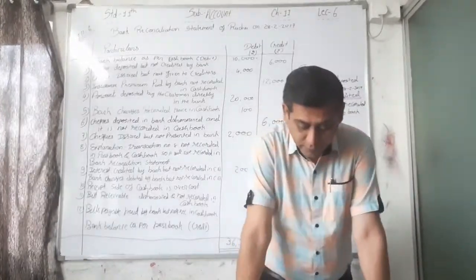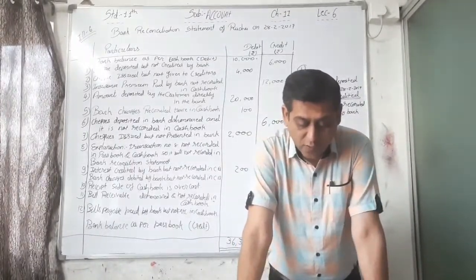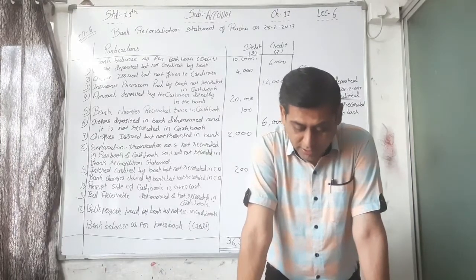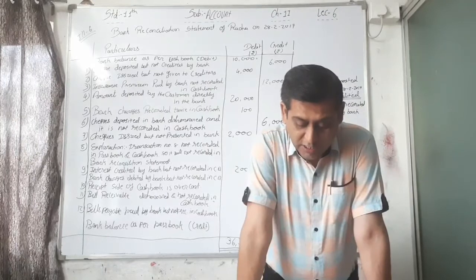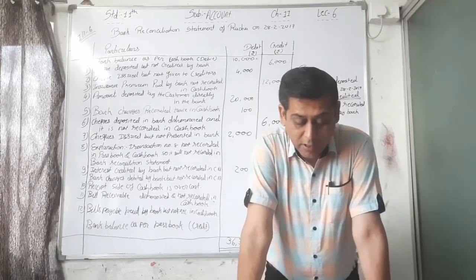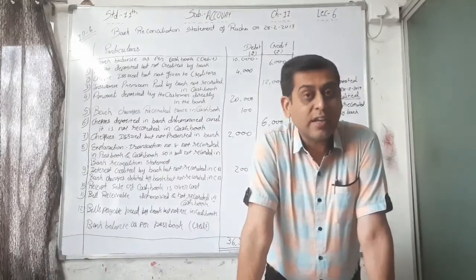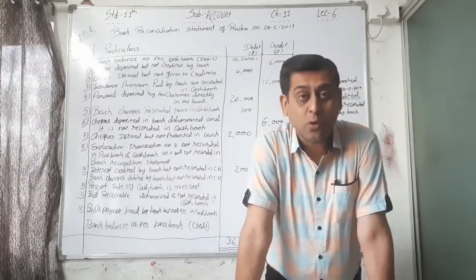First point: a cheque of rupees 10,000 was deposited in the bank on 20th March, which is not yet recorded in the passbook by the bank. Here it is recorded in the cash book but not recorded in the passbook.